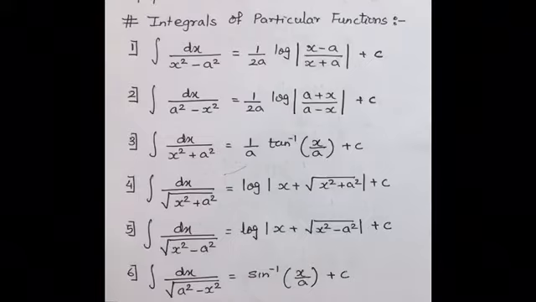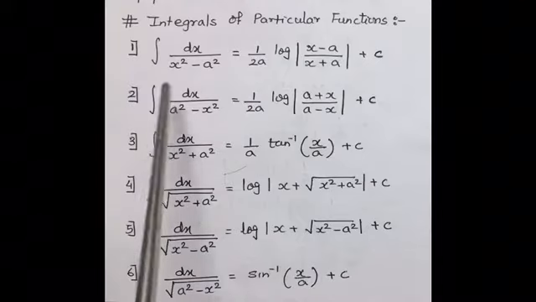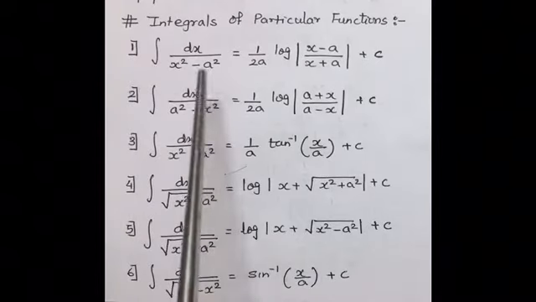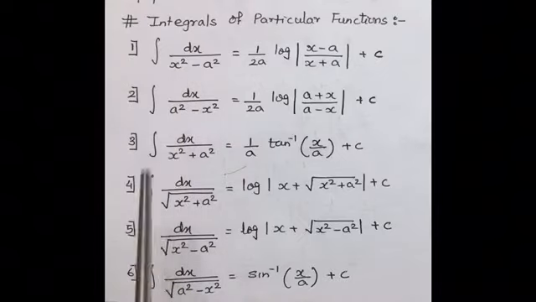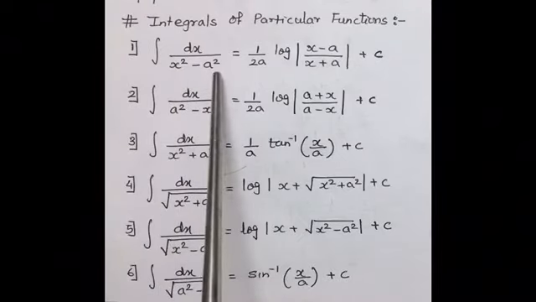In chapter 7, Integrals, today we are going to take a few more types of integrals as standard integrations, and these integrations are based on functions having x square and a square. Here x square will be the variable and a square will be constant.